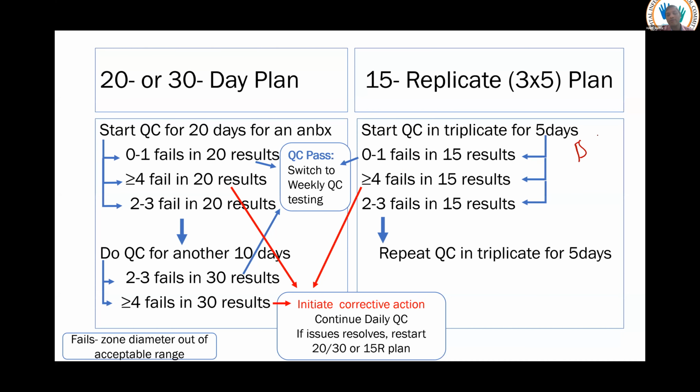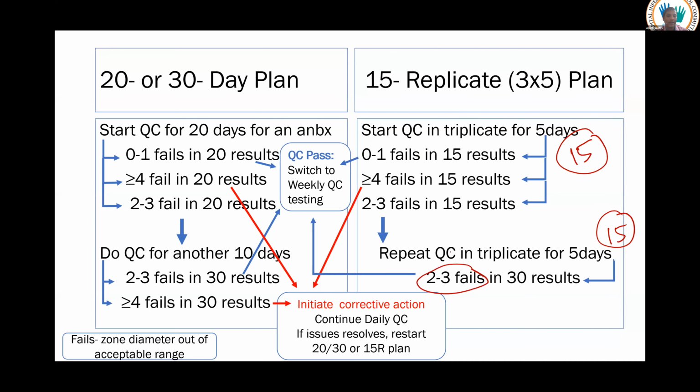So you have 15 results earlier, and now again you have another 15 results. Altogether you have 30 results. Out of the 30 results, if you have 2 to 3 fail, then you consider it as pass. And if you have more than or equal to 4 fail, you consider there is some problem. You have to consider the corrective action.